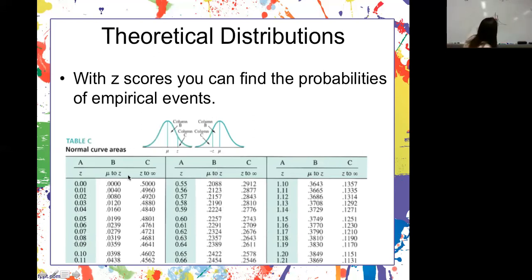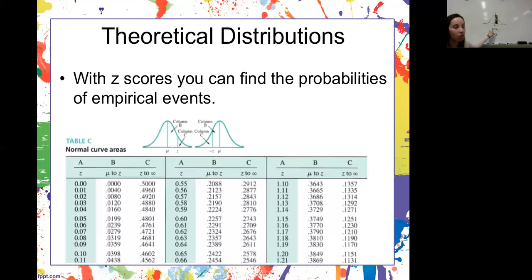So let me shade that in. So for problems that ask you what the proportion of the distribution, or what probability is associated with a given z-score to the mean, you're going to use your mean to z column, or column B. So column B gives us the proportion of the distribution that is associated with the given z-score to the mean.